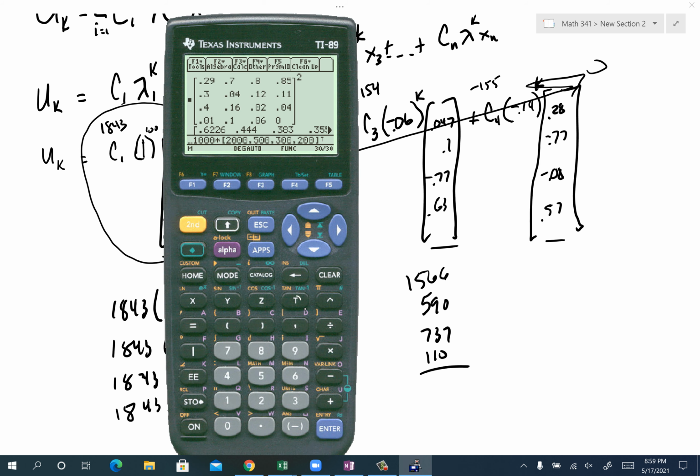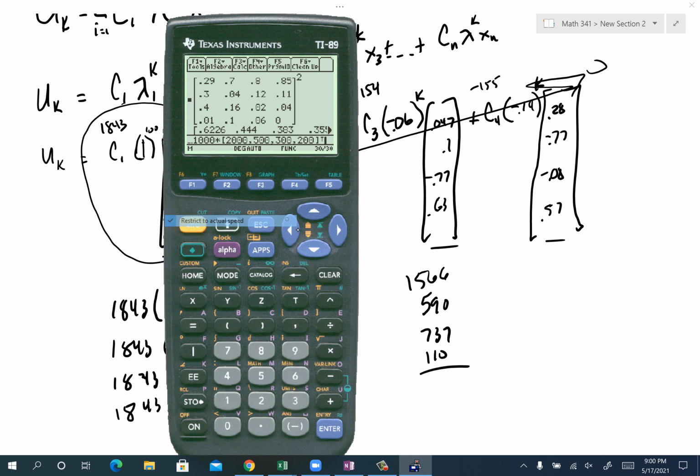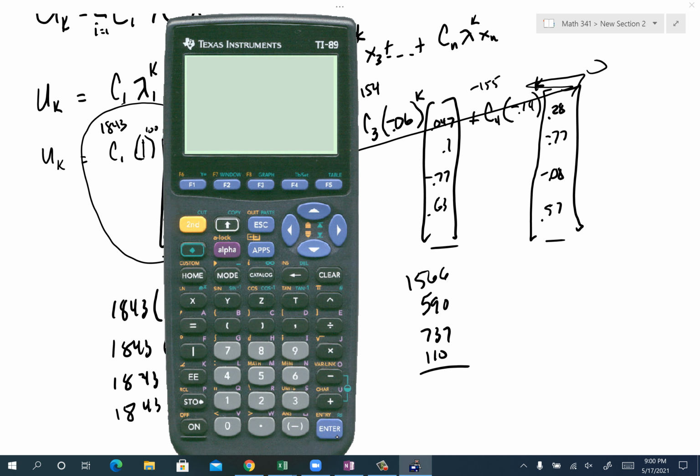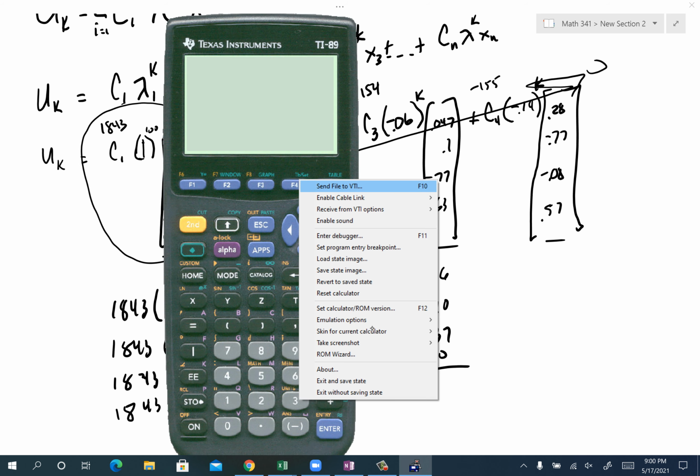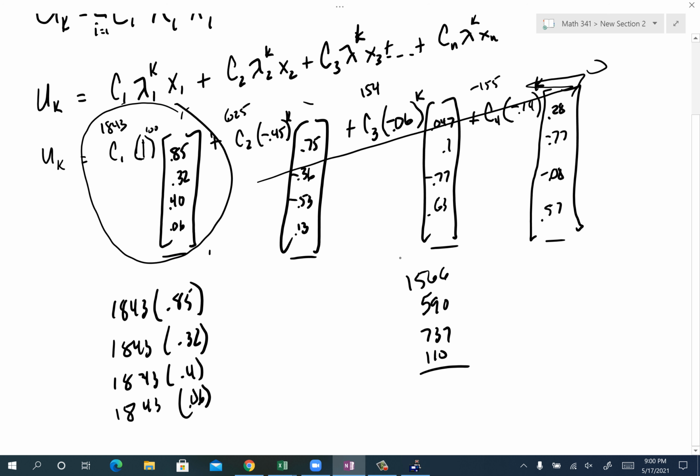There, and then emulator options, unrestrict, go. And so what you'll find is that the actual value is 1554, 591, 735, and 118. That's good enough for what we're doing here. So that's what's beautiful. And again, of course, if you were getting really exact, I wouldn't round at all. But this is how you would do it.